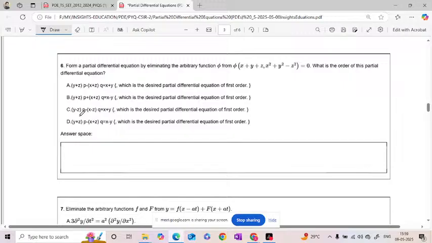Now what is the corresponding differential equation of this problem? Phi of x plus y plus z and x square plus y square minus z square is equal to 0.